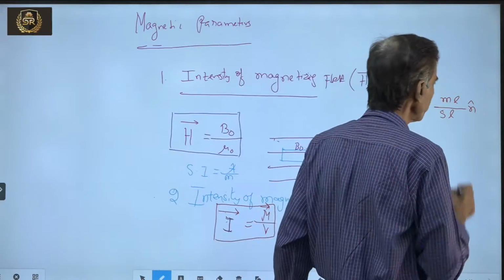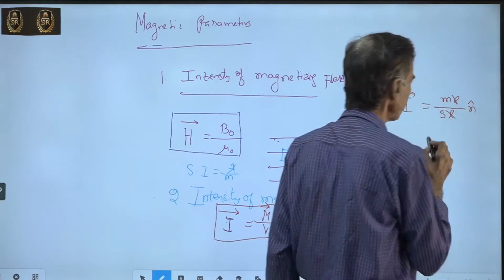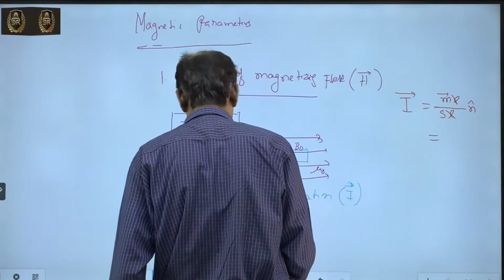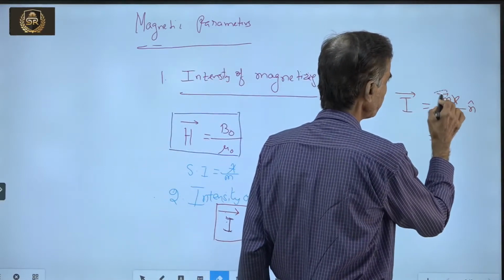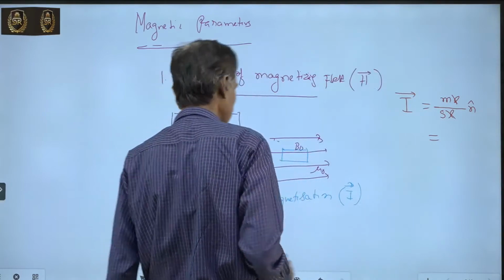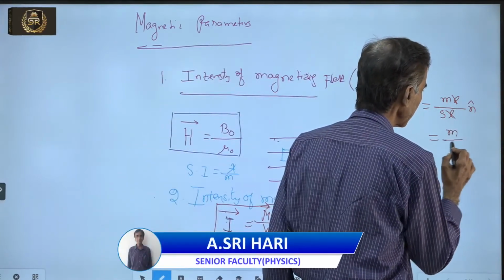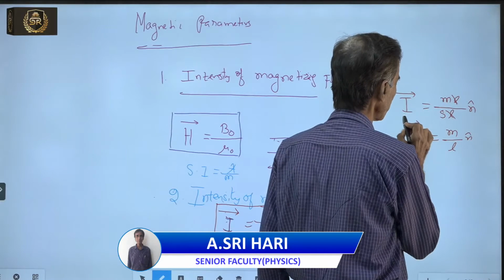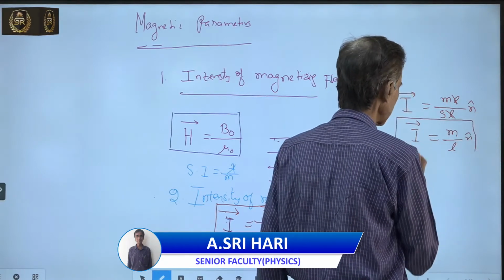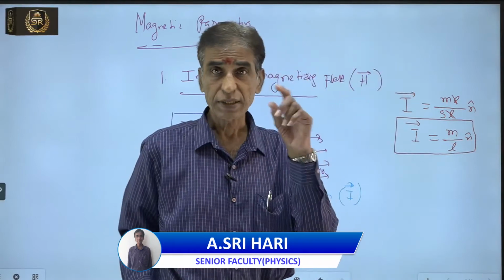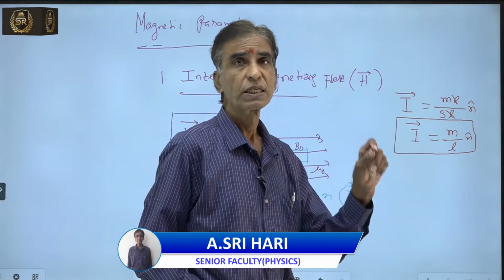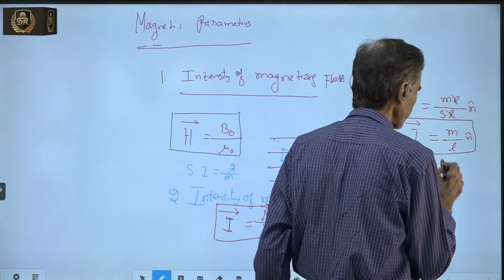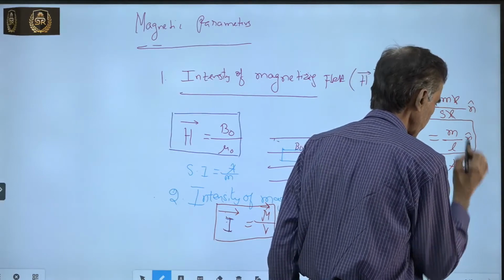L gets cancelled, and m is not a vector here. So it is m by A into n cap. That is our other formula for intensity of magnetization. The SI unit of intensity of magnetization is also ampere per meter.